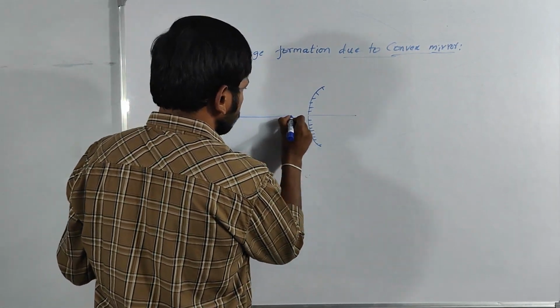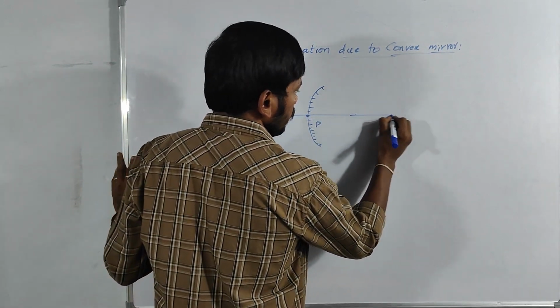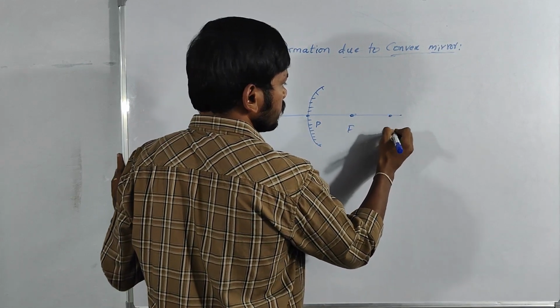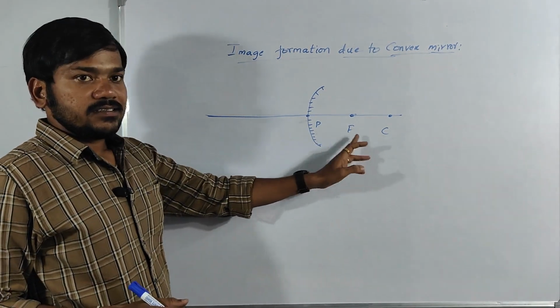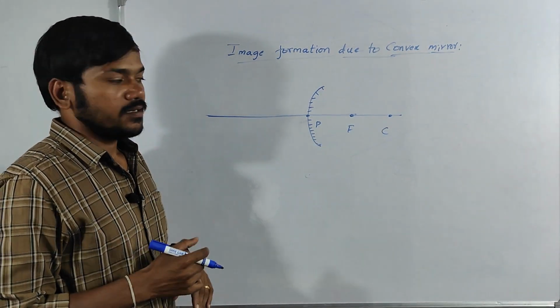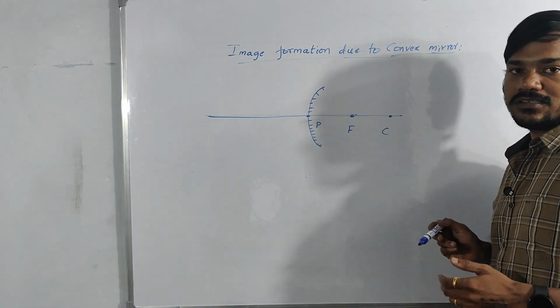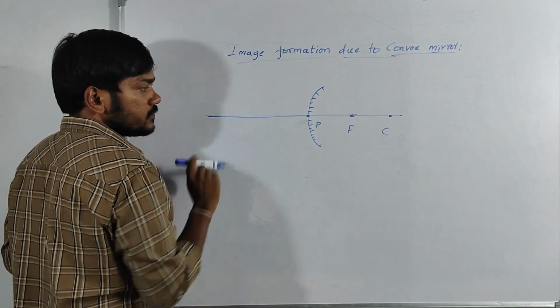Pole. Now where is the focus for a convex mirror? It's a virtual focus, and likewise the center of curvature. Can we take these as references? You cannot, because you are not going to incident the light onto the silver coating, which is useless. You should incident the light only onto the reflecting surface.